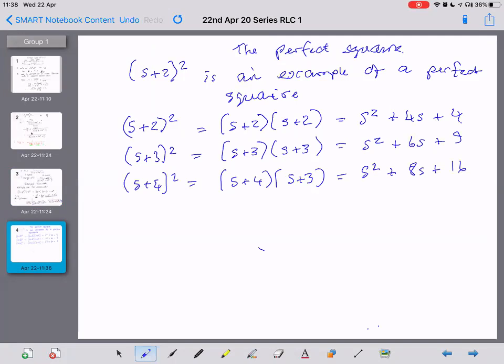Is there a pattern you're recognising yet? (s plus 5) squared is (s plus 5) times (s plus 5), s squared plus 10s plus 25.